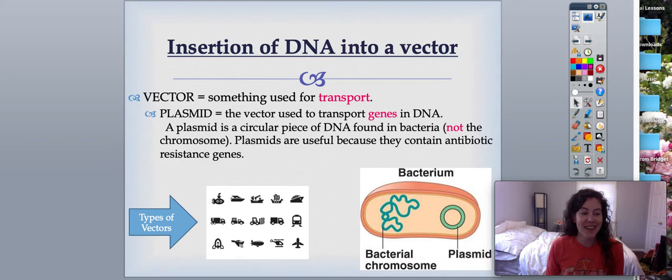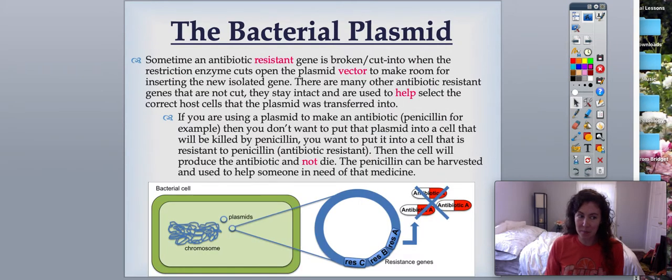So this little plasmid has these antibiotic resistant genes. Some of these genes could possibly be broken or cut into in the process of those restriction enzymes cutting out sticky ends from genes.